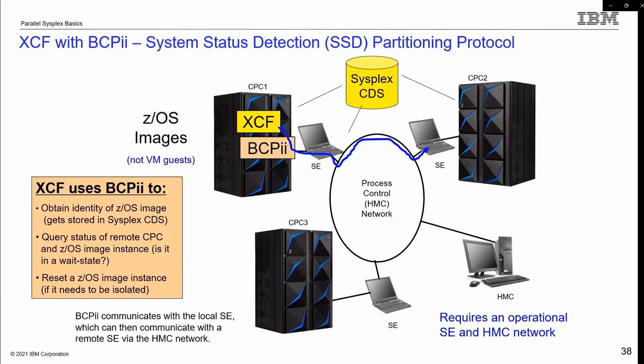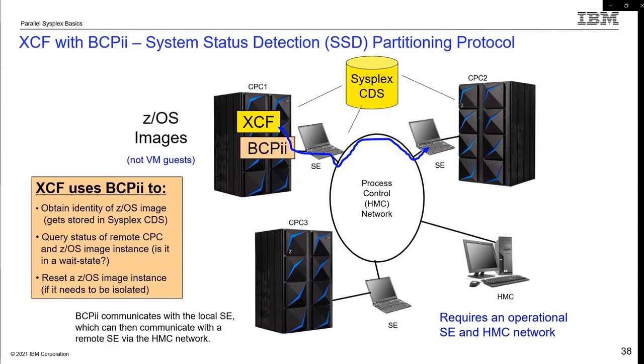And basically, XCF is going to reach out to that other CPC and say, is it dead? If it is dead, it can remove the system out of the Sysplex right away. So this is a cool protocol, because what this amounts to is a single missed heartbeat by XCF from one of the systems will cause XCF to reach out to BCPII and say, hey, is that system dead? If it is, it can remove it out of the Sysplex immediately.